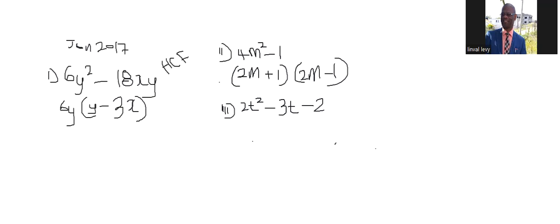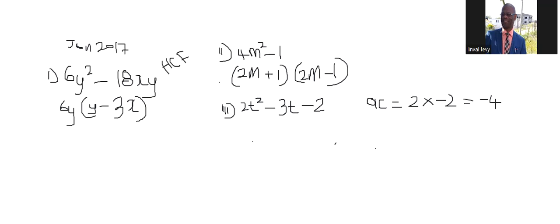So again, we are going to multiply a by c, right? So it's 2 times negative 2. So you can say a times c equals 2 times negative 2, equals what?